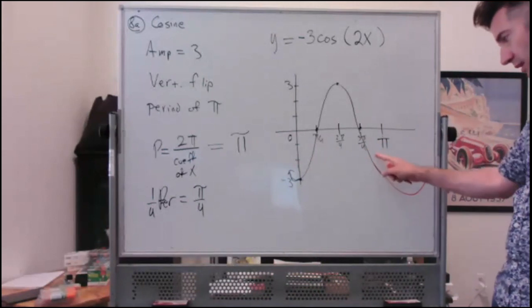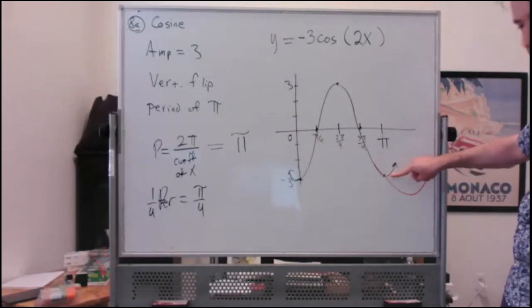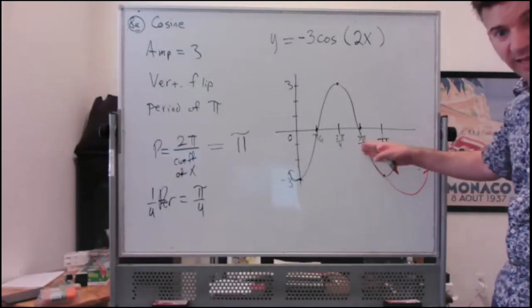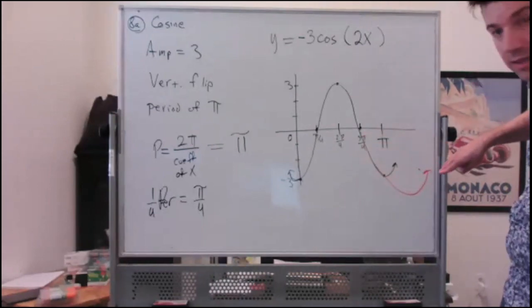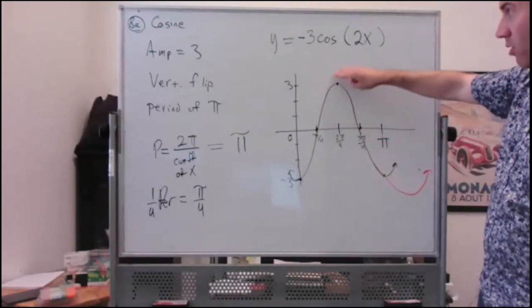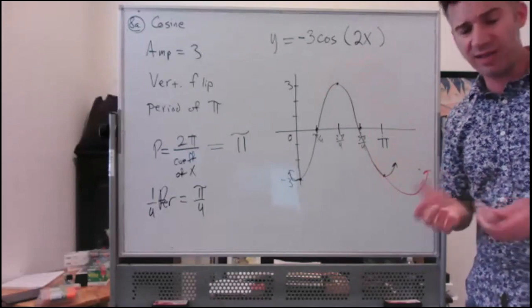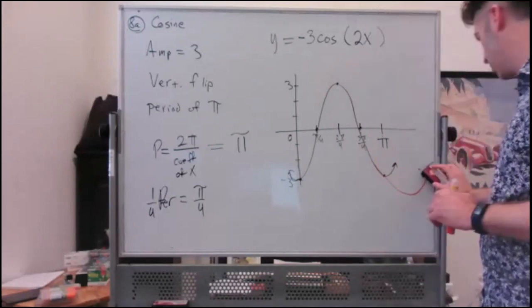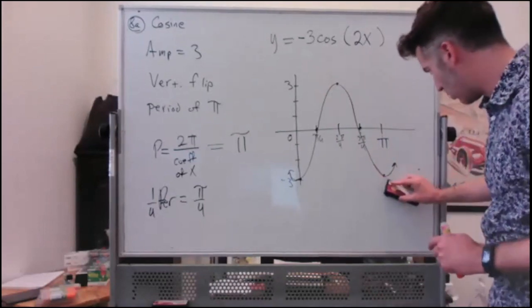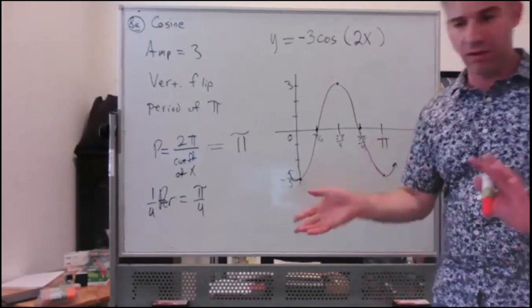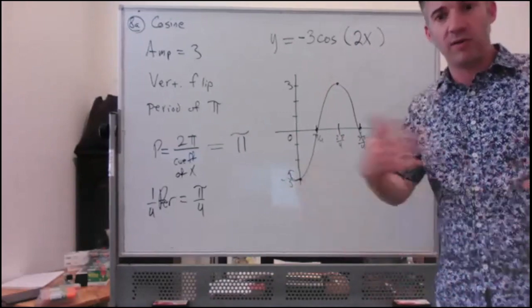Some people want to go down and then come back up. That point there has to be the bottom. You don't want to overshoot it. Just like that there has to be the top. You don't want to go above it. I'm not going to be a super stickler for points on going a little below or above, but I'm just trying to help you make sure your graphs look nice.